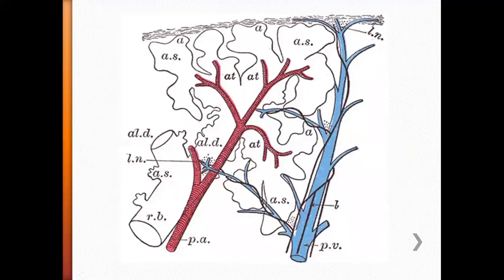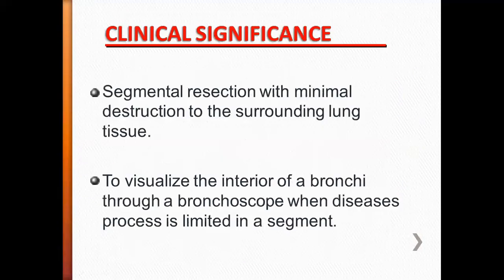Suppose in case of any lung disease, in order to avoid the spread into other parts of the lung, maybe it is affected in one particular segment alone. Then we can remove only that particular segment and control the spread. For that purpose you can use it.